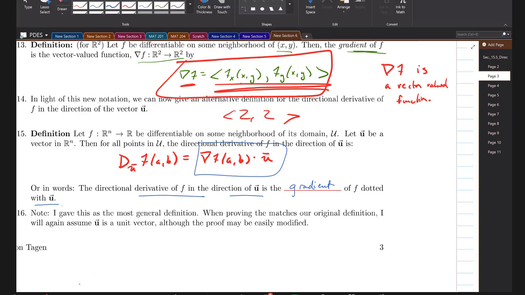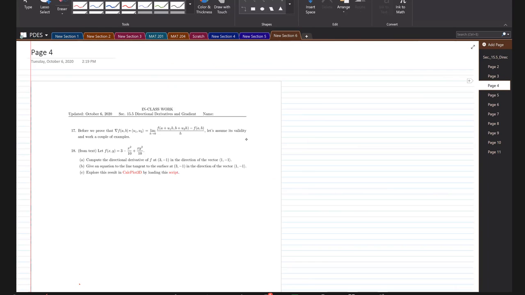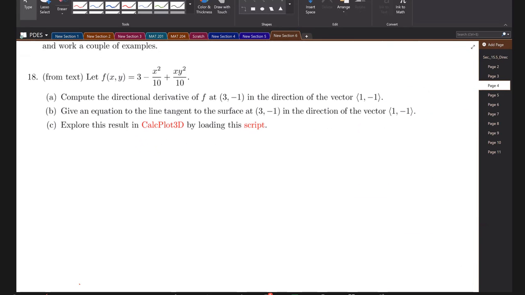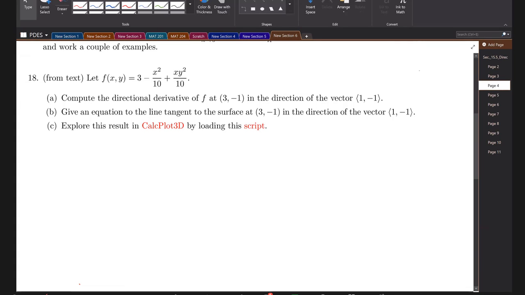Okay, so let's go ahead and jump into an example. So let's do this question right here, where we're asked to compute the directional derivative of f at 3, 1 in the direction of this vector here. Okay.